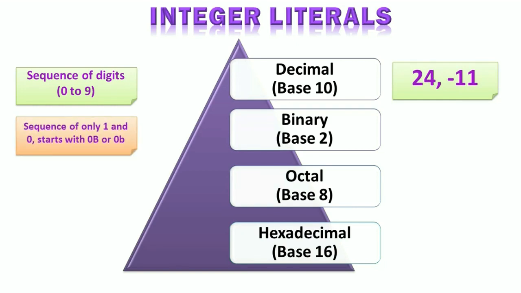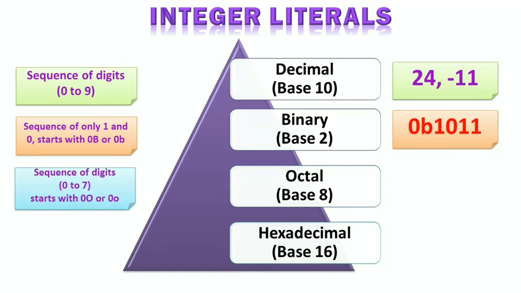Binary values have a sequence of only 1 and 0 and start with 0 capital B or 0 small b, like the example 0b1011. Octal values have a sequence of digits 0 to 7 and start with 0 capital O or 0 small letter o. The example here is 0o351.